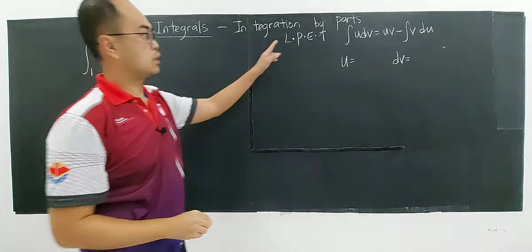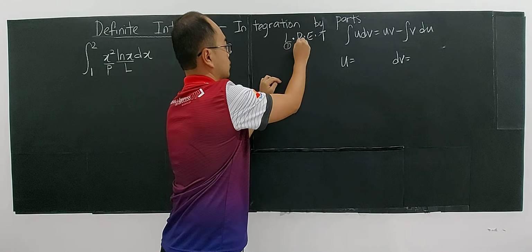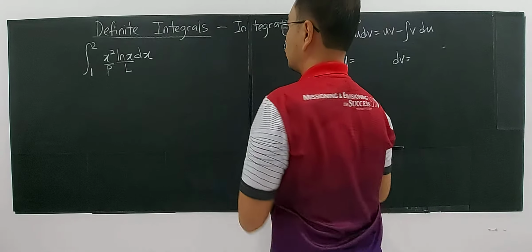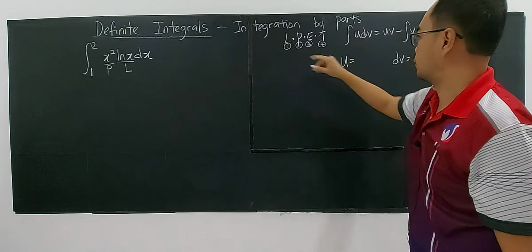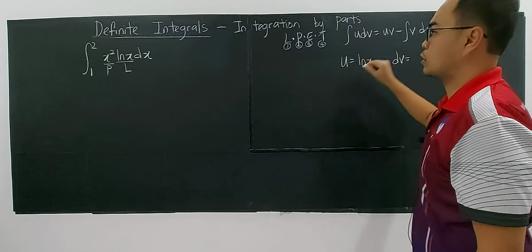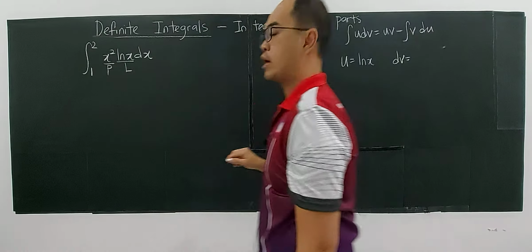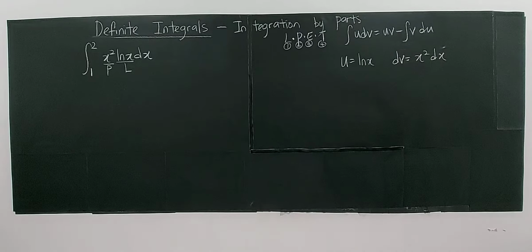According to LPET, L comes first: number 1, number 2, number 3, number 4. Competing between L and P, ln comes first, so ln x is taken as u. The remaining x squared dx will be taken as dv.